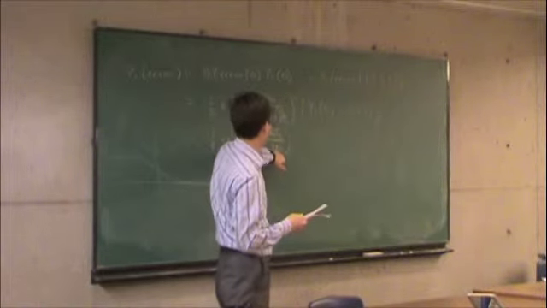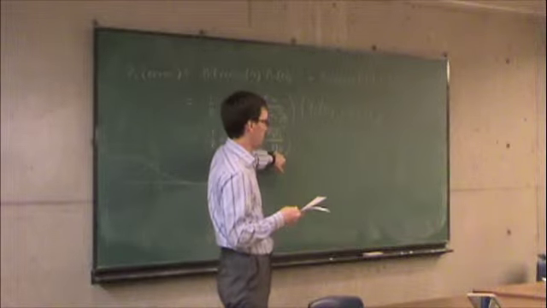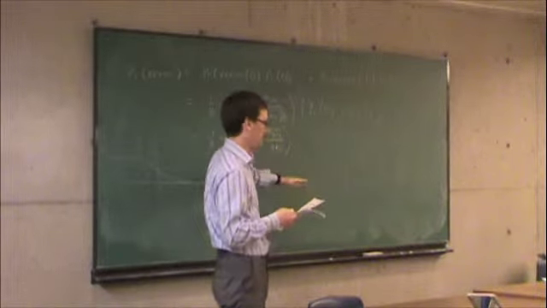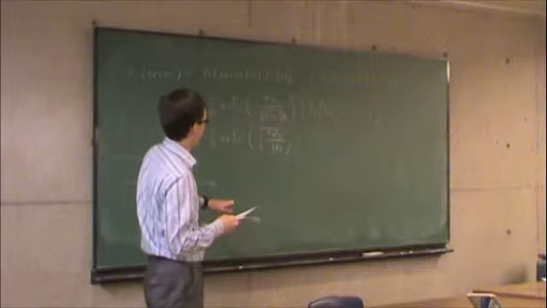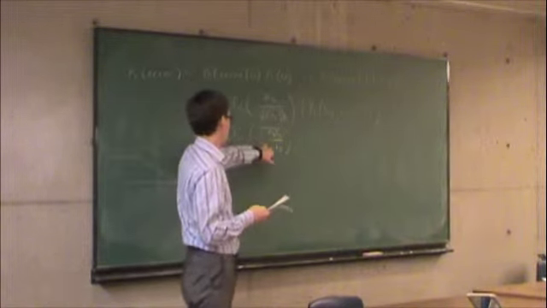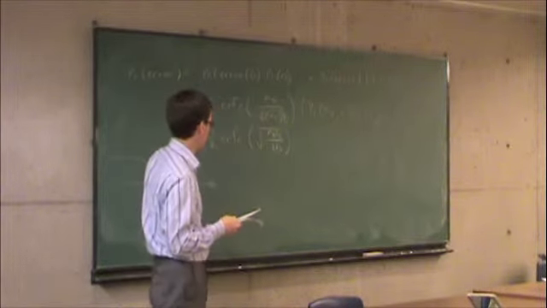One obvious way to do that is to make N0 as small as possible. The intuition there is that N0 is like the noise intensity. If there's less noise, then this becomes bigger, and therefore the probability of error goes down, so that's obvious.